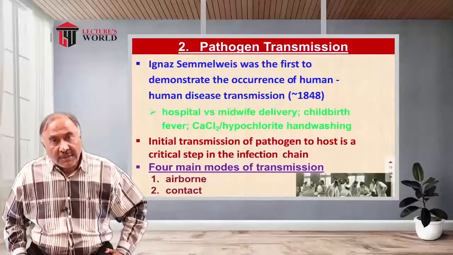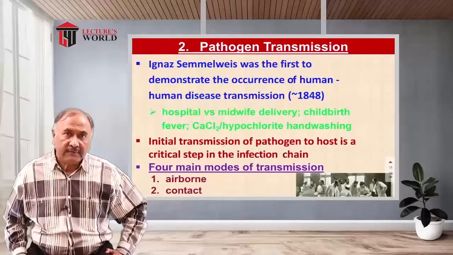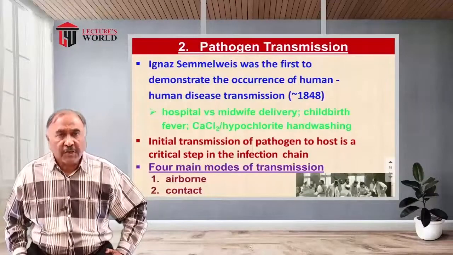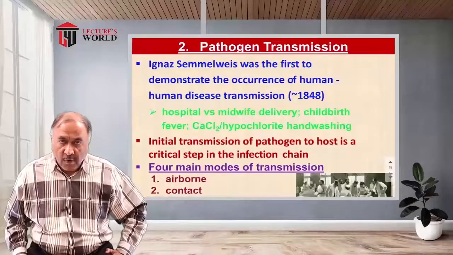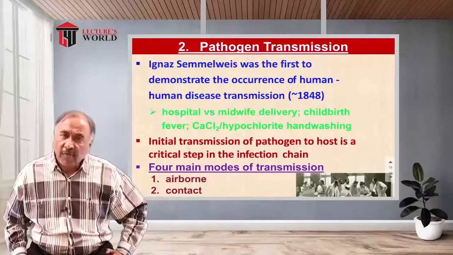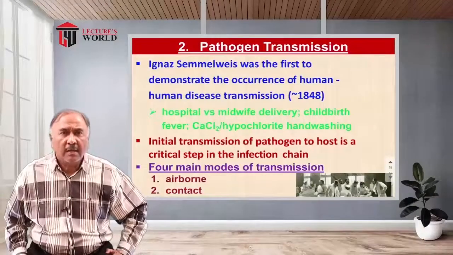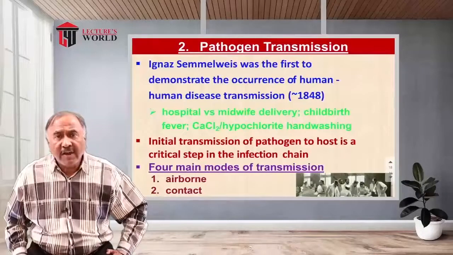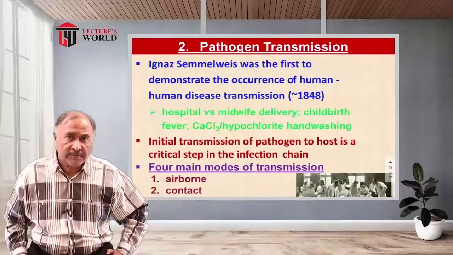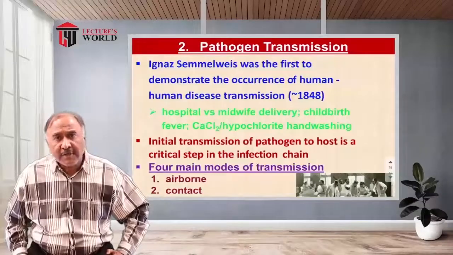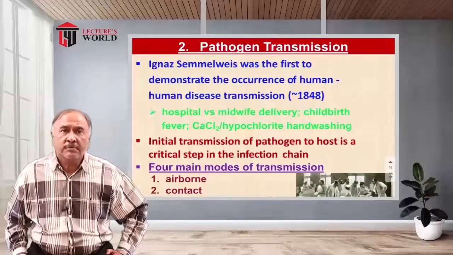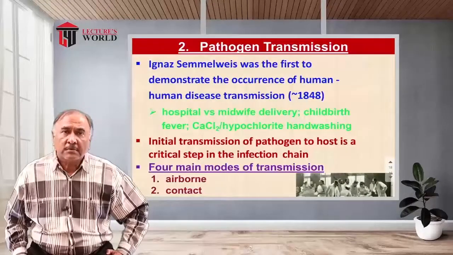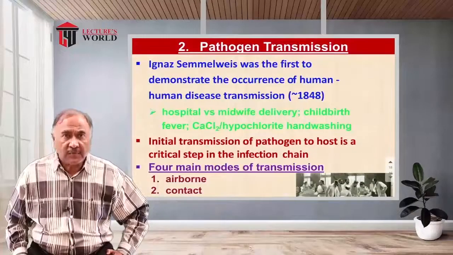The first scientist, physician I would say, was Ignaz Semmelweis, a very early phase of microbiology. We had referred to this name when we were studying the concepts of disease.